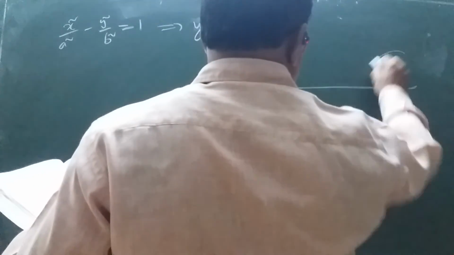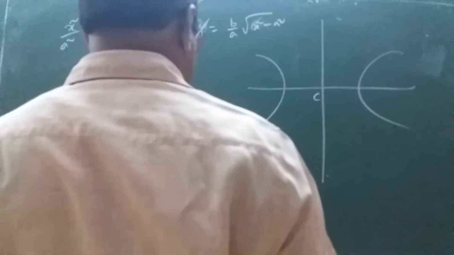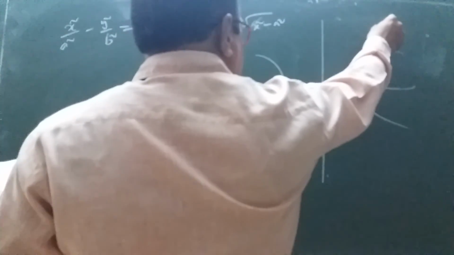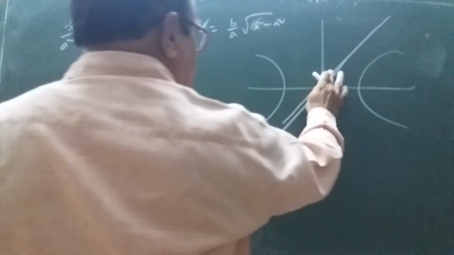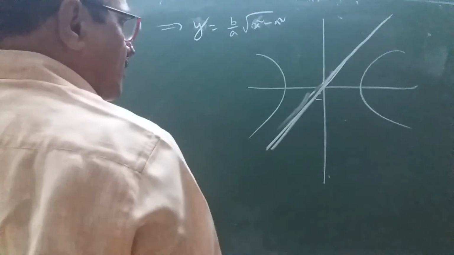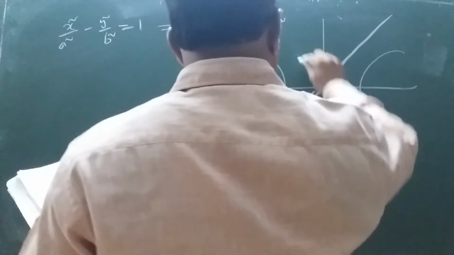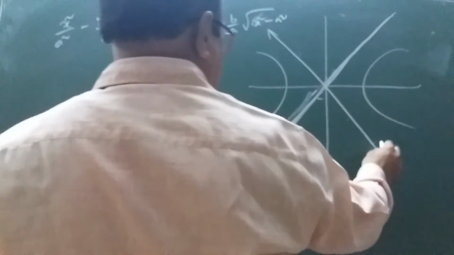If there is a hyperbola like this, this is the center. If straight lines pass through the origin, the center, these two lines are asymptotes.